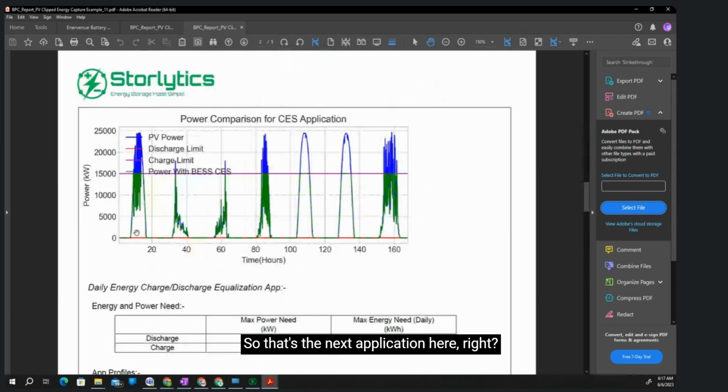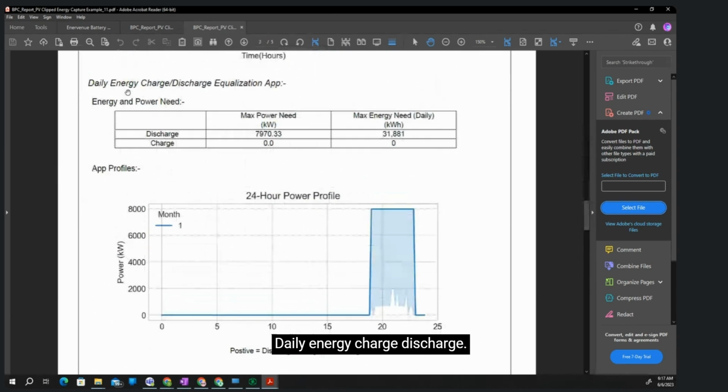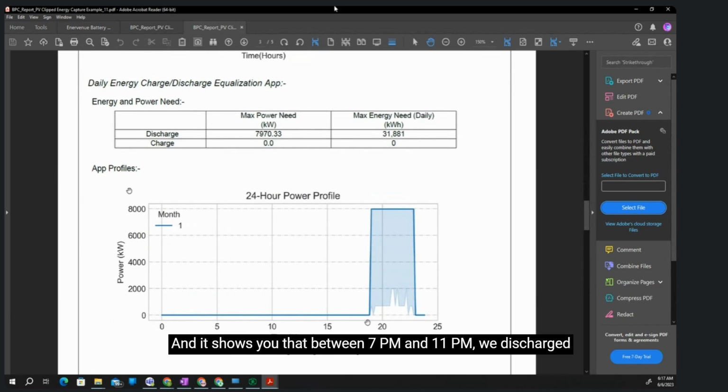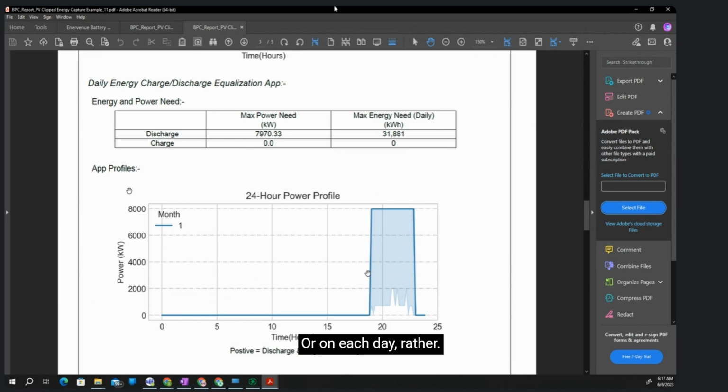So that's the next application here, right? Daily energy charge discharge. And it shows you that between 7 p.m. and 11 p.m., we discharged whatever energy we were collecting during those days, or on each day, rather.